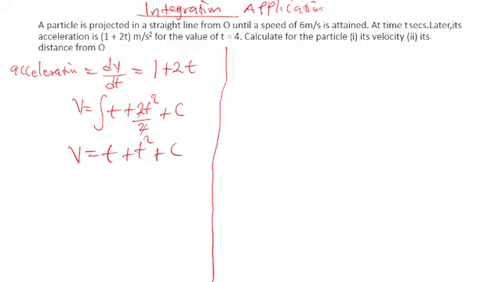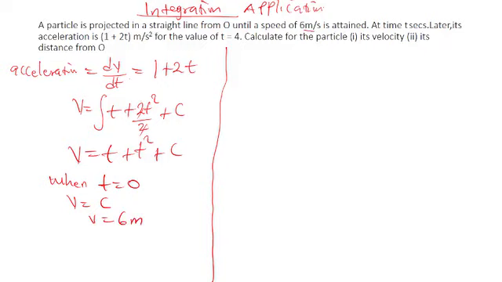Now, after getting this point, they said it moves from where? From 0 until the speed is this, it's attained at a time t seconds. So when t is equal to 0, you discover that if you put t as 0 here, the value of your v is equal to your c, and v is equal to 6 meters at that point, because it was stated it's until this is attained.